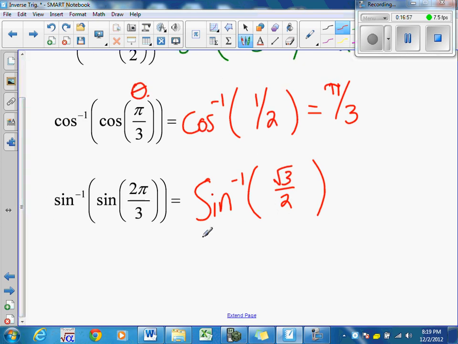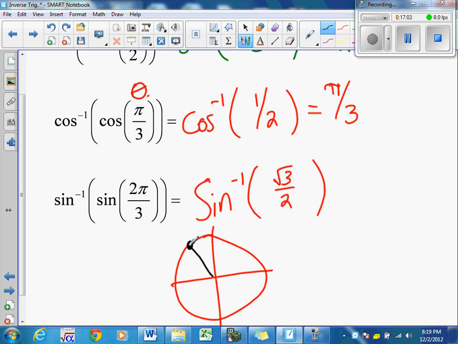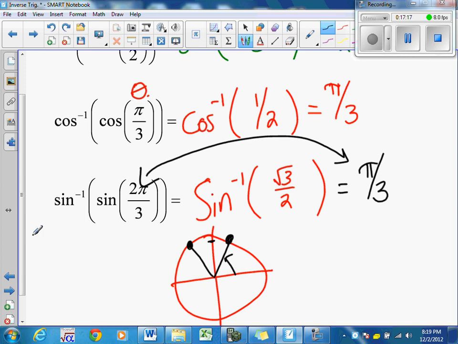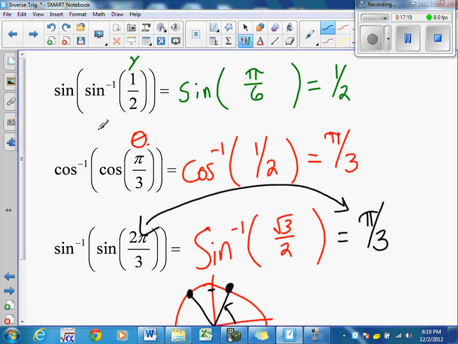But if you think of your unit circle, 2 pi over 3 is here. There's my sine. But when I do inverse, I don't get an angle over there. I get the angle over here. So my answer is pi over 3. So I don't get the same thing. Sometimes you do, sometimes you don't. Best is to do these step by step.